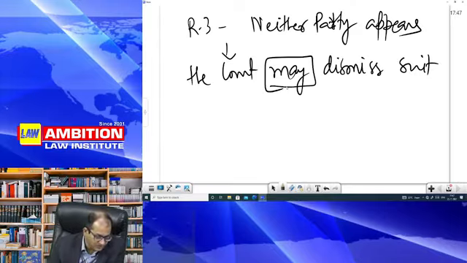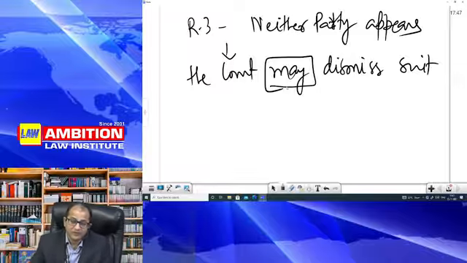Now what will the plaintiff do then? The plaintiff may bring a fresh suit or the court may restore the suit to file. You can bring a fresh suit, but then you will have to pay fresh court fees. And if you ask for restoration of a suit which has been dismissed, then you will save your court fees. So what is the better recourse? Of course, restoration of suit.